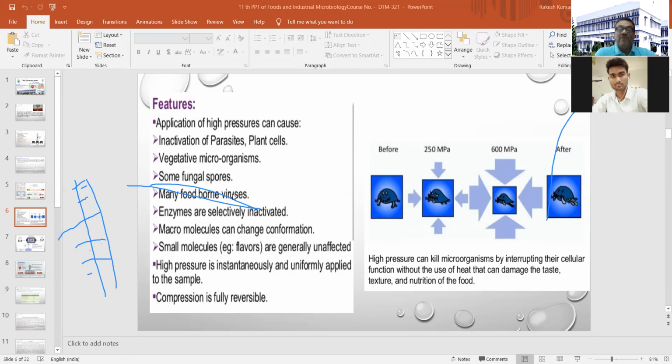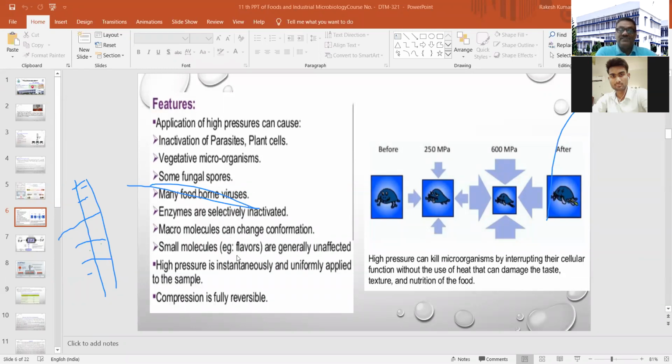Many food-borne viruses will be affected. Then enzymes are selectively inactivated. Few enzymes you can inactivate, and first you have to have an idea about a particular food item, that this particular food item has this particular type of enzyme, then only you can select this particular process.